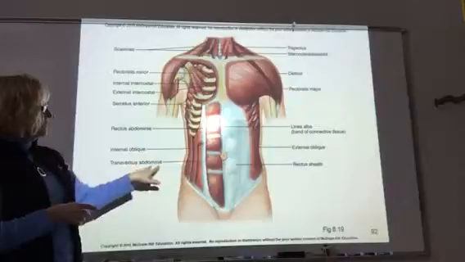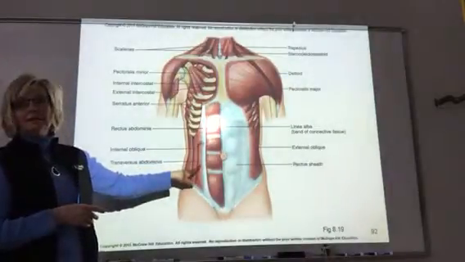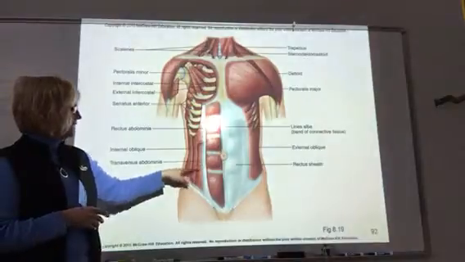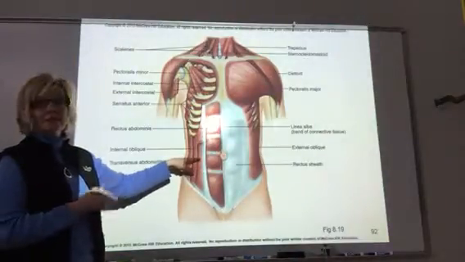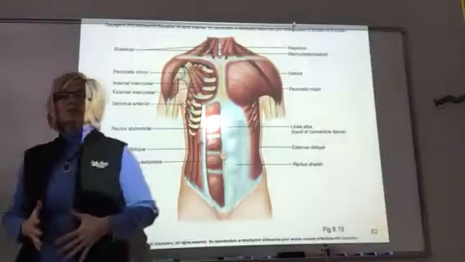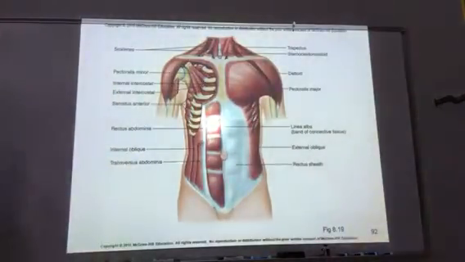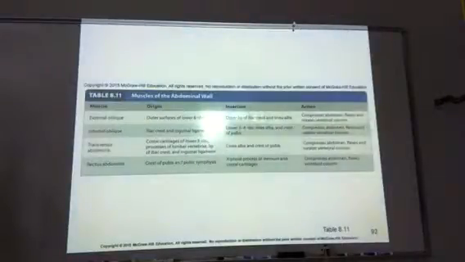And then transverse abdominis, inside, very innermost layer of the abdominal muscles. And they pretty much run transversely or straight across. So very much a straight side-to-side motion. So those four muscles definitely on the need-to-know list.